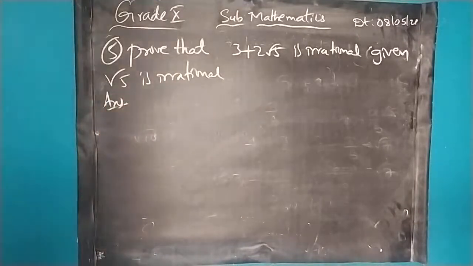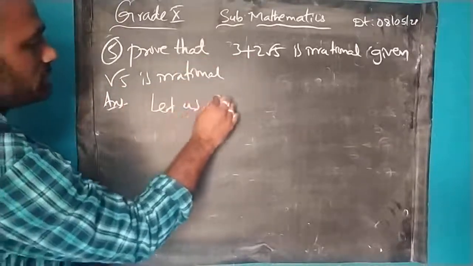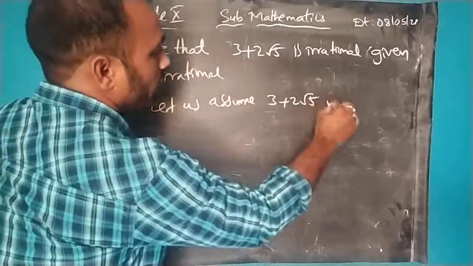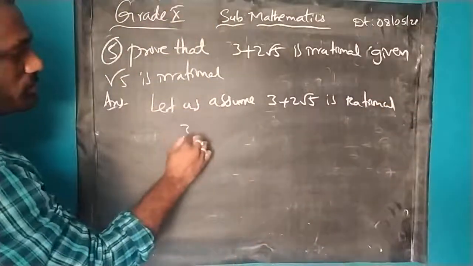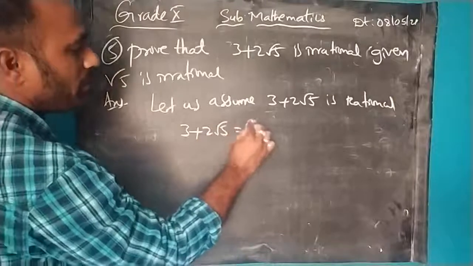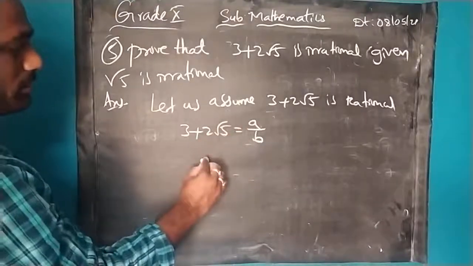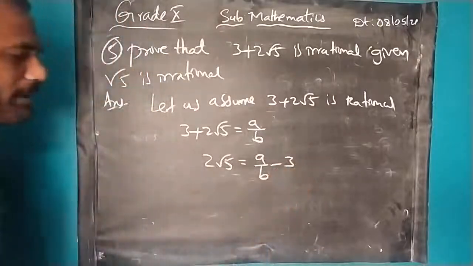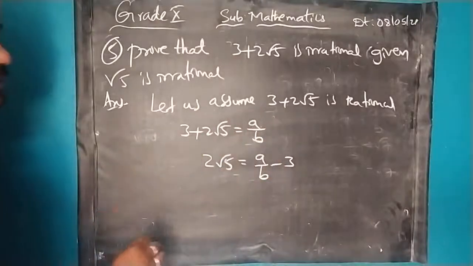So in this type of question, let us assume 3 plus 2 root 5 is a rational number. So definitely, if it is a rational number, it should be in the form of p by q, that is a by b we can take. Because in all the questions we are maintaining uniformity, let us maintain a by b. So let me transpose the plus number. So a by b minus 3. Always remember that plus number means let it be, minus number means let us transpose it to that side, as we did in the previous question.